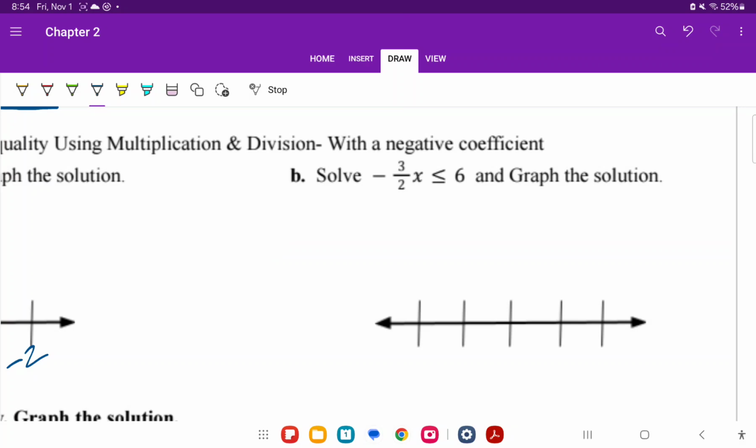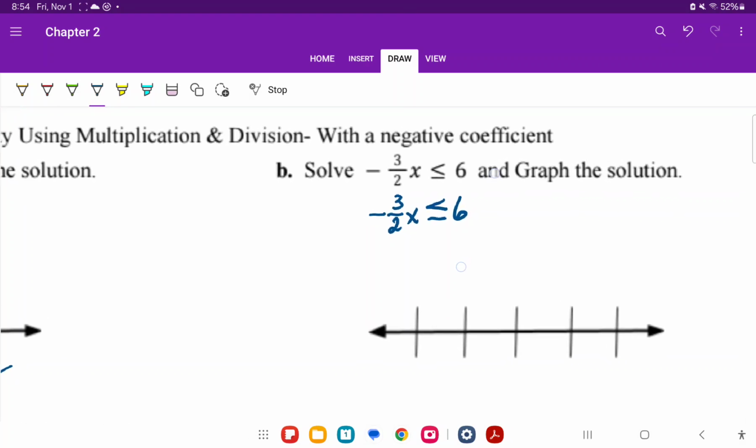All right. So on example 2b there, I'm going to rewrite this. Just negative 3 over 2x is less than or equal to 6. Do I need to make that larger? Okay.